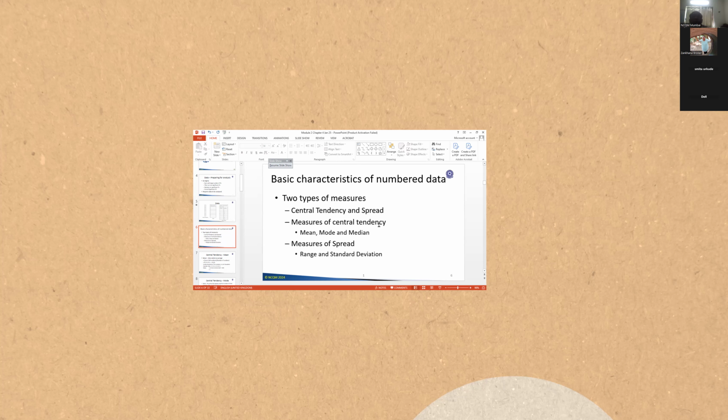Is it the same process as average? No, in average you add and divide by n. Here you are arranging in ascending order and finding the middle value. So how many data points are there? 1, 2, 3, 4, 5, 6.